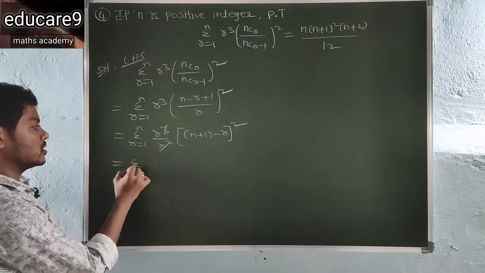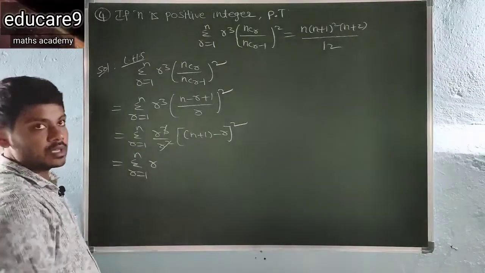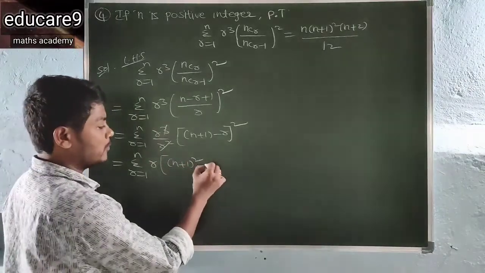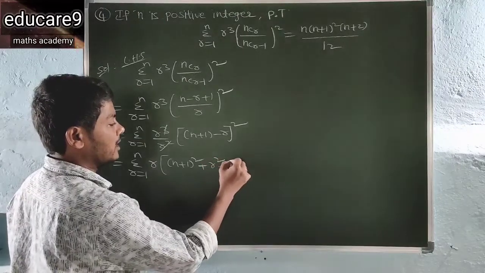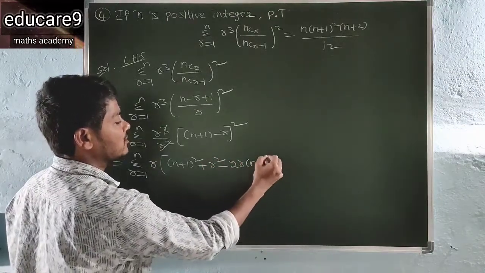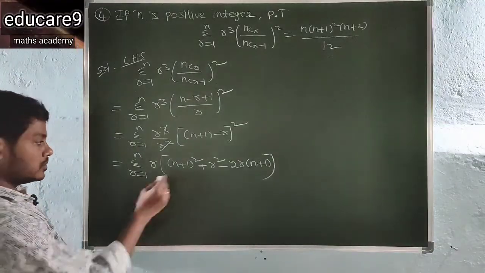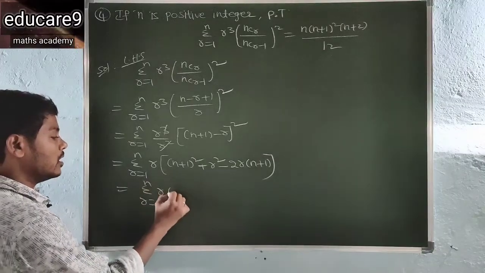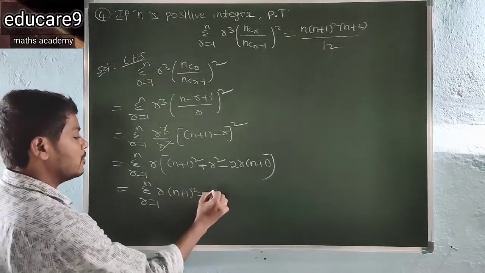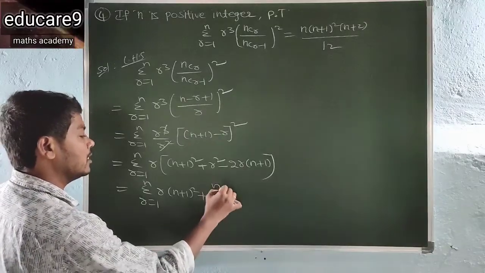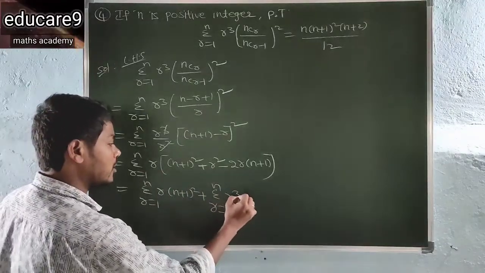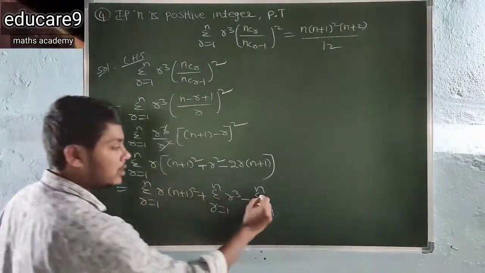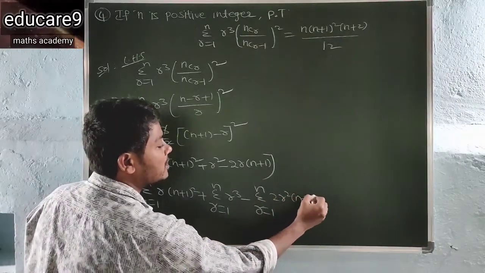So therefore this equals summation r equals 1 to n r. So expand this: (n plus 1) whole square plus r square minus 2r into (n plus 1). Now multiplying inside, what you get? Summation r equals 1 to n r into (n plus 1) whole square, plus summation r equals 1 to n r into r square, that is r cube, minus summation r equals 1 to n r into 2r square into (n plus 1).